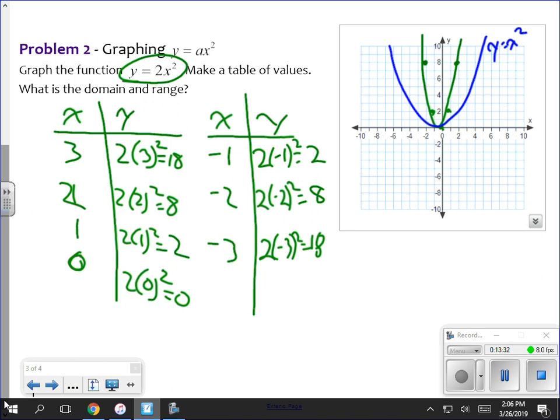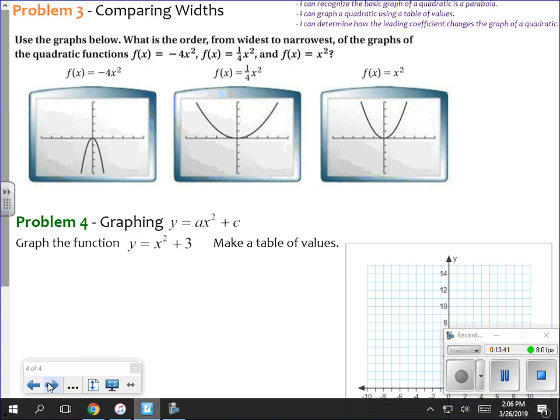So I multiply by a number in front. If it's a number larger than 1, it makes it skinnier. We're going to hit that up a little bit more, I think, on Thursday. No, actually, we're going to do it right now.